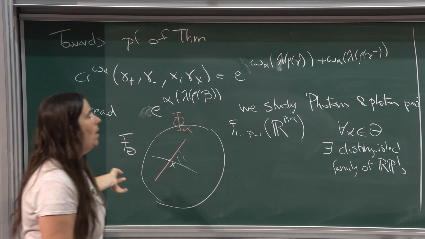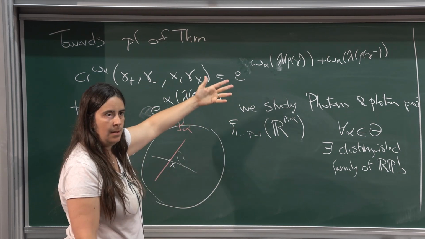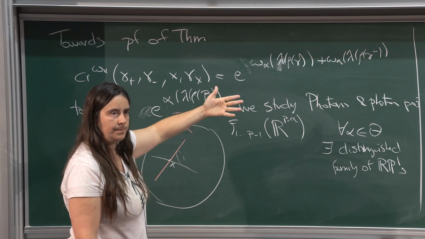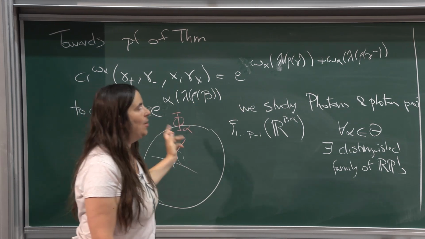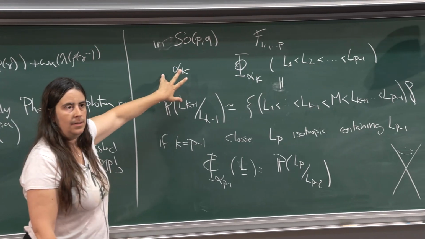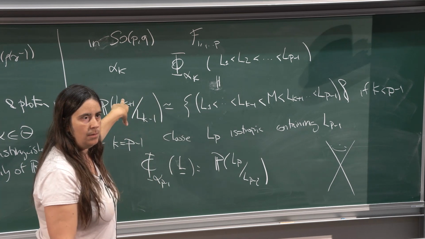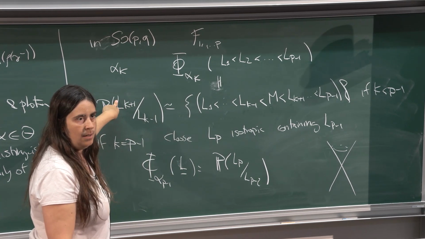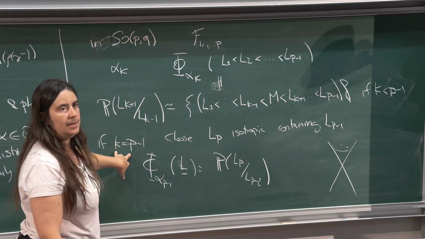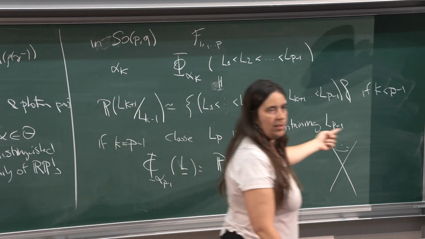So by distinguished family of photons, I mean that there exists a distinguished family of RP1s where the group acts. And actually in this case, given any point and any index up to P, I have only one photon, which is this guy here. But in the last bit, I need to choose this guy. And this is really this picture, right?